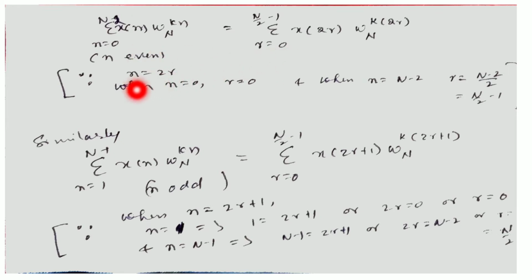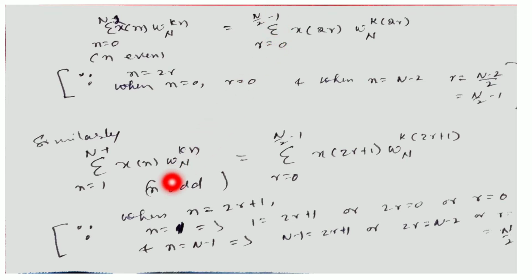Since we are substituting n is equal to 2r, when n is equal to 0, that is the lower limit, r will become 0. And when n is equal to N-2, that is the upper limit, then by substituting here we get r is equal to N/2 minus 1. That means the limits here for r will be 0 to N/2 minus 1.